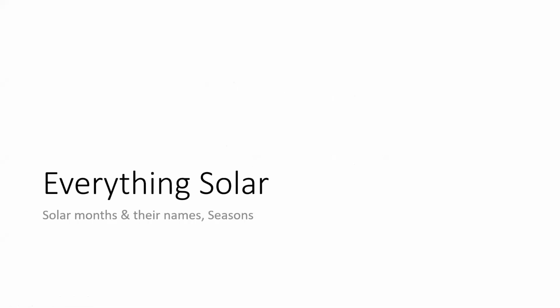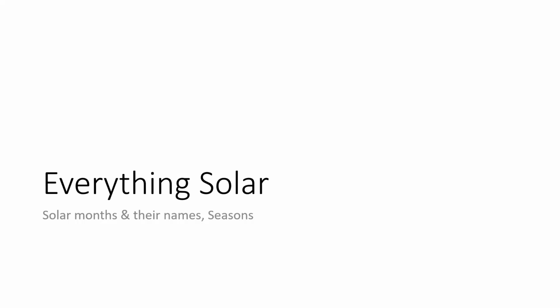In this module, we are going to continue our journey looking at different elements related to the sun. So everything solar, and in this specific module, we will explore solar months and their names in the ancient Indian tradition, their names as they are familiar to us in the Gregorian calendar.